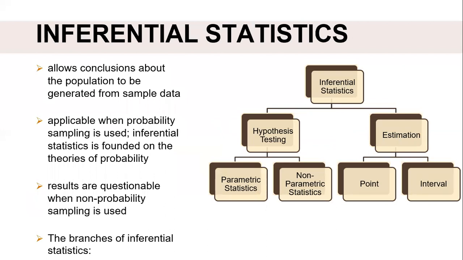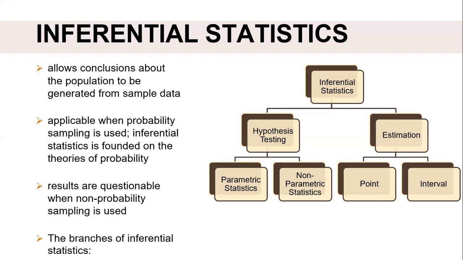Speaking about inferential statistics, it allows conclusions about the population to be generated from sample data. It is applicable when probability sampling is used. Just like the ones we mentioned last time, remember, you have your simple random sampling, like your fishbowl or lottery method, your systematic sampling, your stratified random sampling, your cluster sampling, what else?